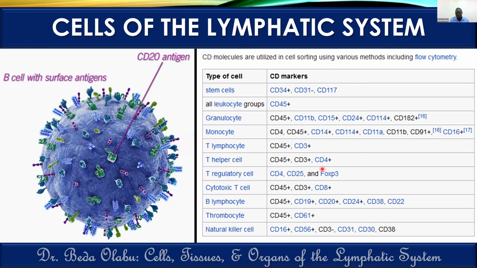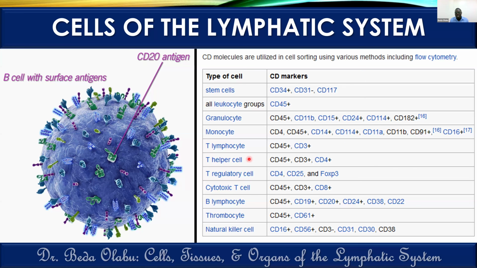For example, when you look at this list, you'll see that CD4 is almost unique to monocytes and the T helper cells. And so occasionally we'll send patients for CD4 count. We want to know how much of their lymphocytes are actually T helper cells, or how much of the white blood cells are monocytes.